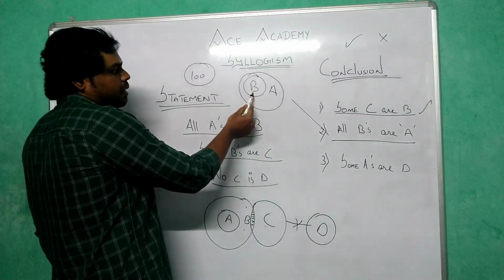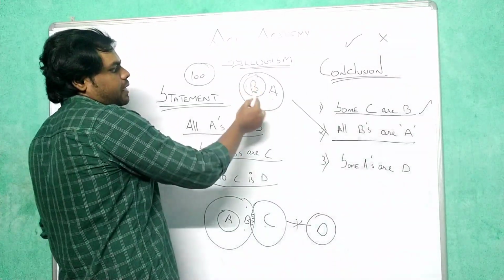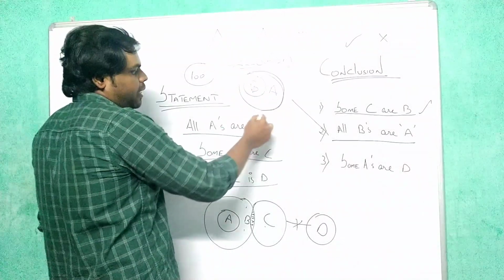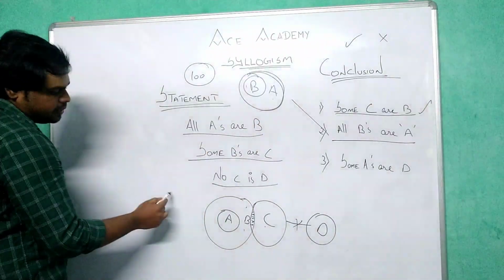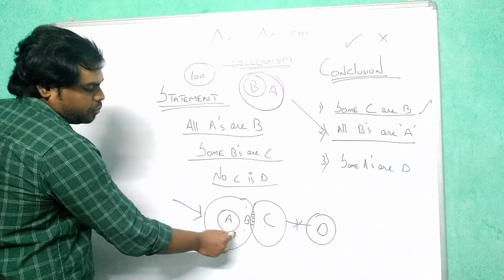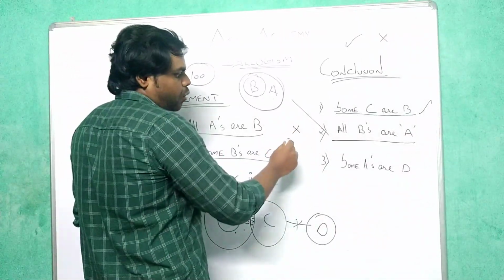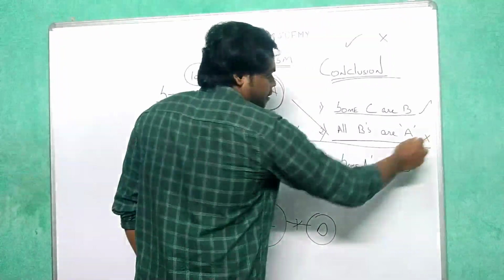If all B's are A's, the B should be the inferior set and A should be the superior set, which is opposite of this case. As we can see that A is the inferior set and B is the superior set, which is a wrong statement. So we can mark this as wrong.